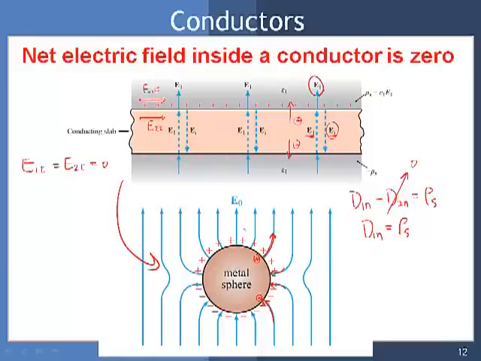This conclusion is consistent with Gauss's law. If we take the outer surface of the metal sphere as the Gaussian surface, we can try to verify that Gauss's law holds here. The left-hand side of Gauss's law would be D dot dS integrated over this surface, and by this relationship we know this integral would be equal to rho s being integrated over this surface.